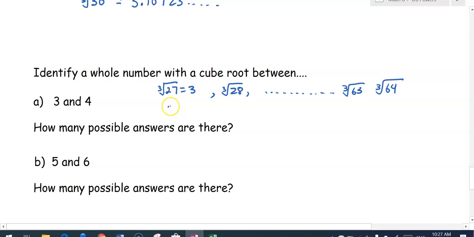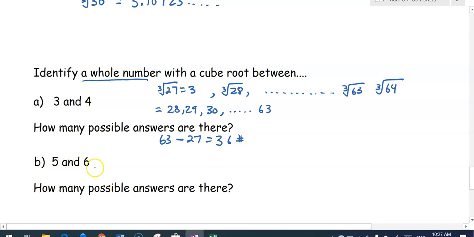So 28, 29, 30, all the way to 63. Any of those numbers, I just said identify a whole number. You could have answered with any of those numbers and you would have been correct. Okay? If I want to know how many there are, you would take your 63 and you would subtract the 27 numbers that come before the 28. So 63 minus the 27 is 36. There are 36 numbers that you could have chosen.